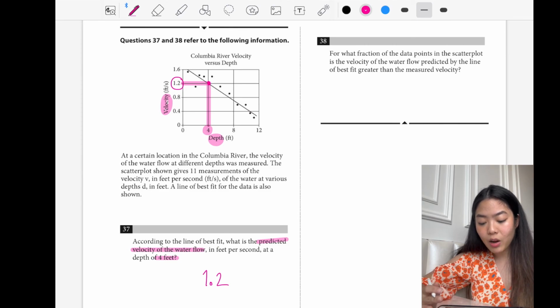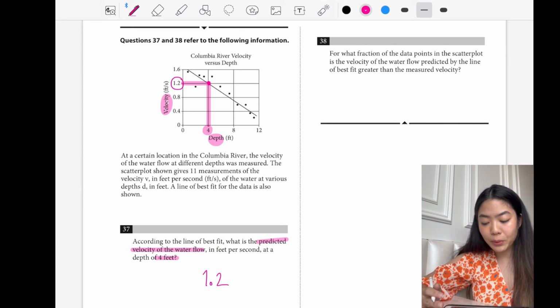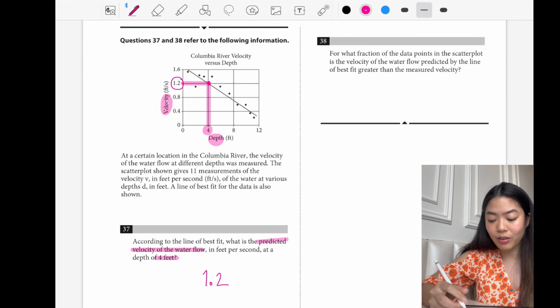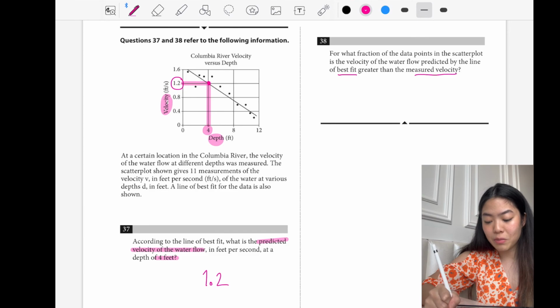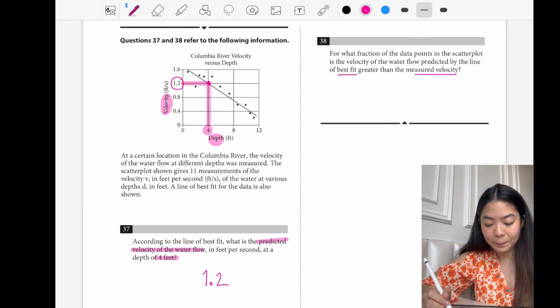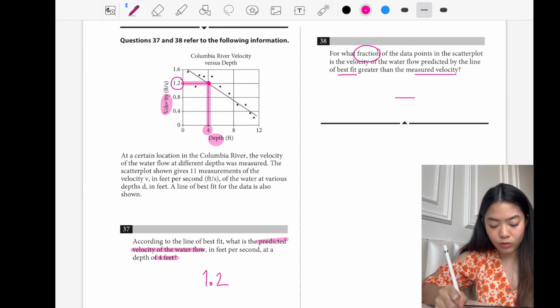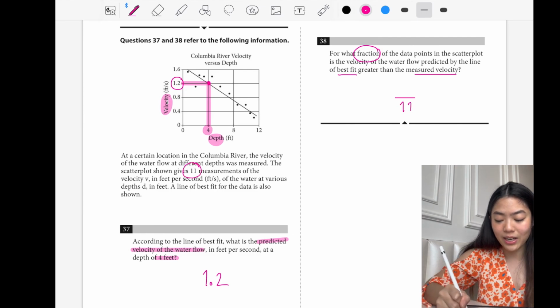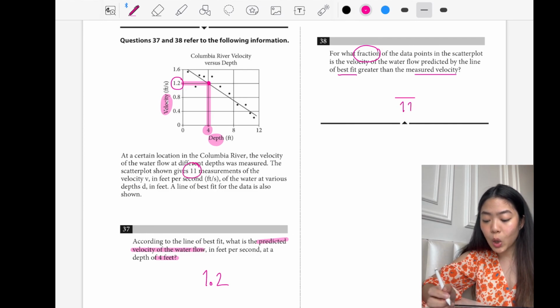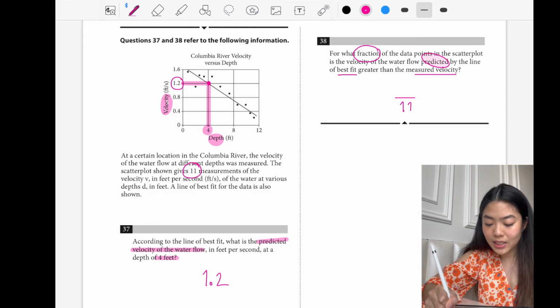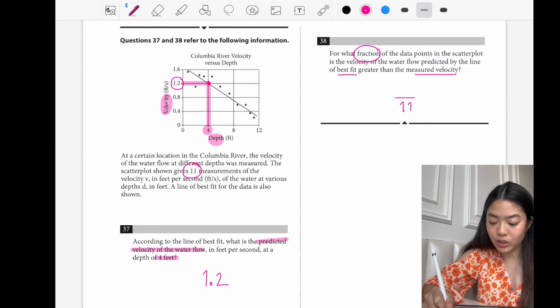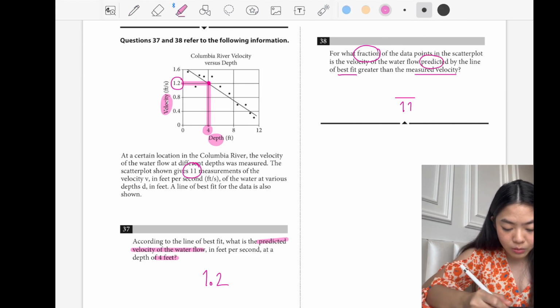Okay, 38. For what fraction of the data points in the scatter plot is the velocity of the water flow predicted by the line of best fit greater than the measured velocity? We want to find what fraction of the overall data, which is 11 data points here. So we have to count where the predicted is greater than the measured.